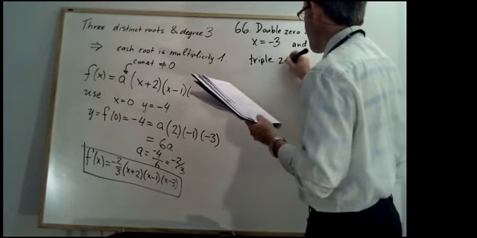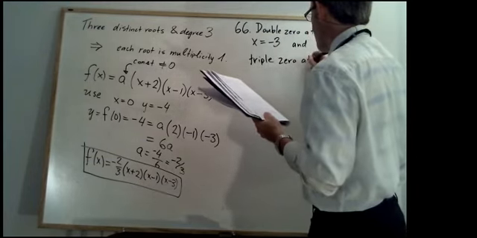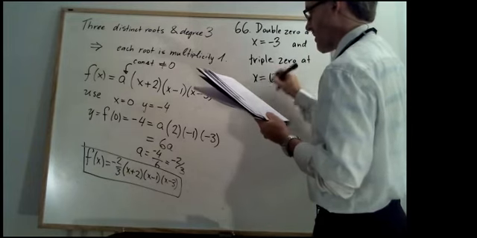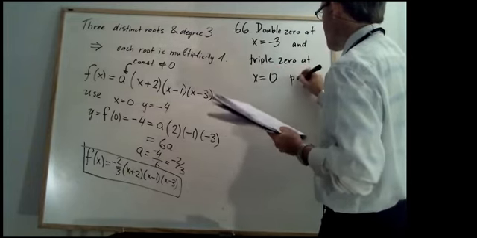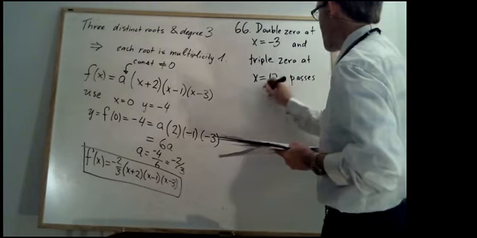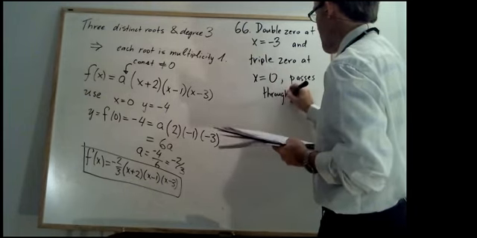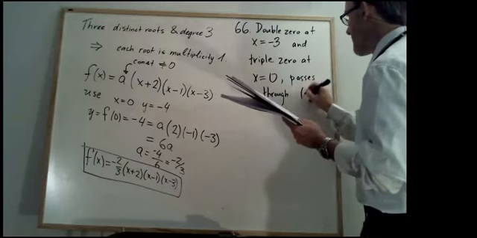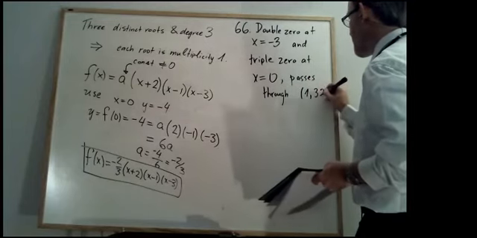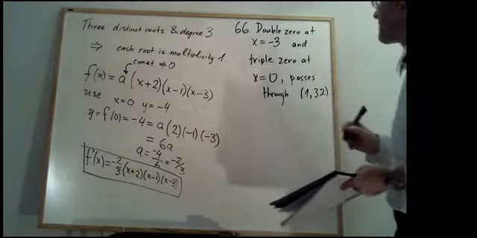Triple zero at x equals 0. And it passes through the point (1, 32). When x equals 1, y is 32.